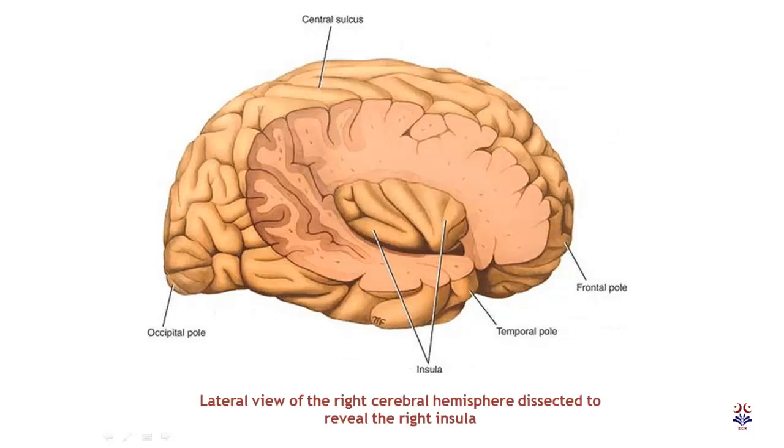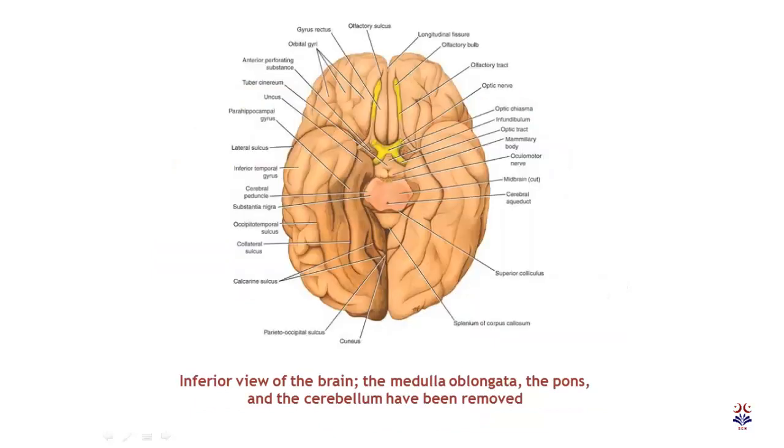And this is the lateral right cerebral hemisphere, with the dissected side, where we can see the insula, which is buried inside. This is the inferior view of the brain, showing the 2 cerebral hemispheres and other parts of the brain.